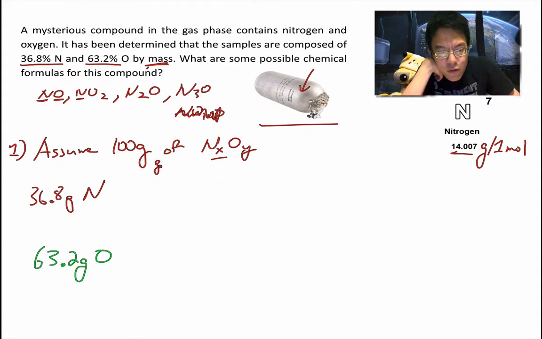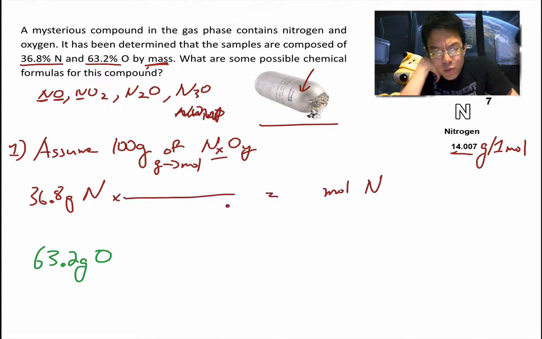So I can convert from grams to moles. This is totally doable. I want to get to moles of nitrogen. Okay. And I'm going from grams, so I want to get rid of the grams. And I know there are 14.007 grams per 1 mole of nitrogen. This is grams of nitrogen. This is moles of nitrogen.